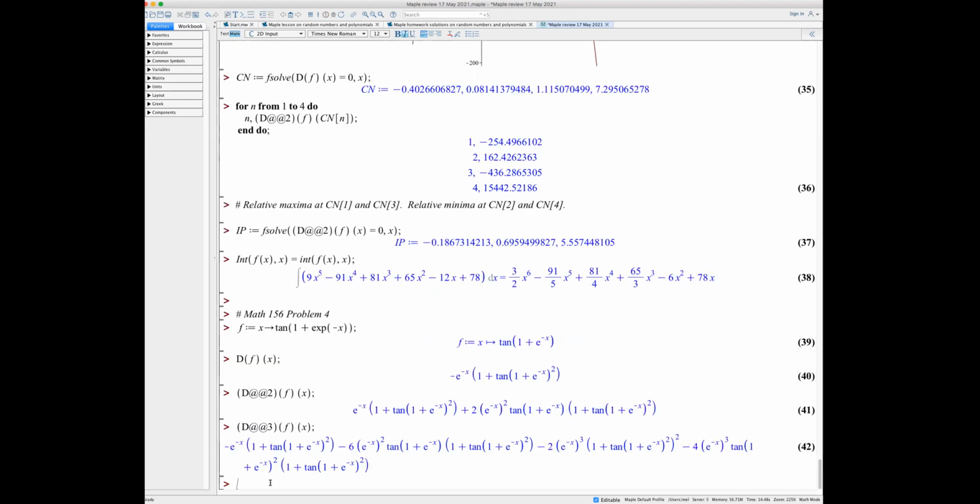I tried to take the derivative. I thought we were supposed to use a do loop. A do loop. Okay, then this is what you would say.